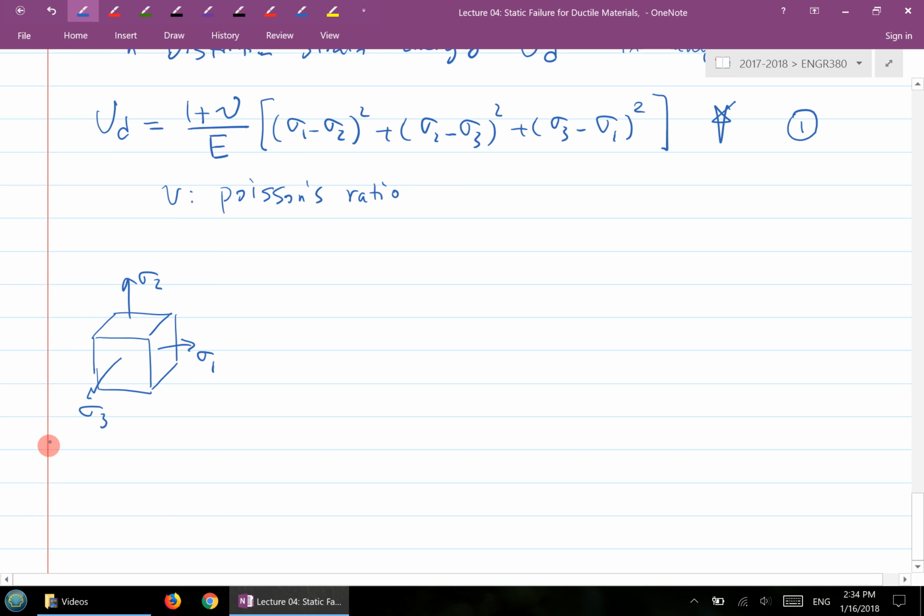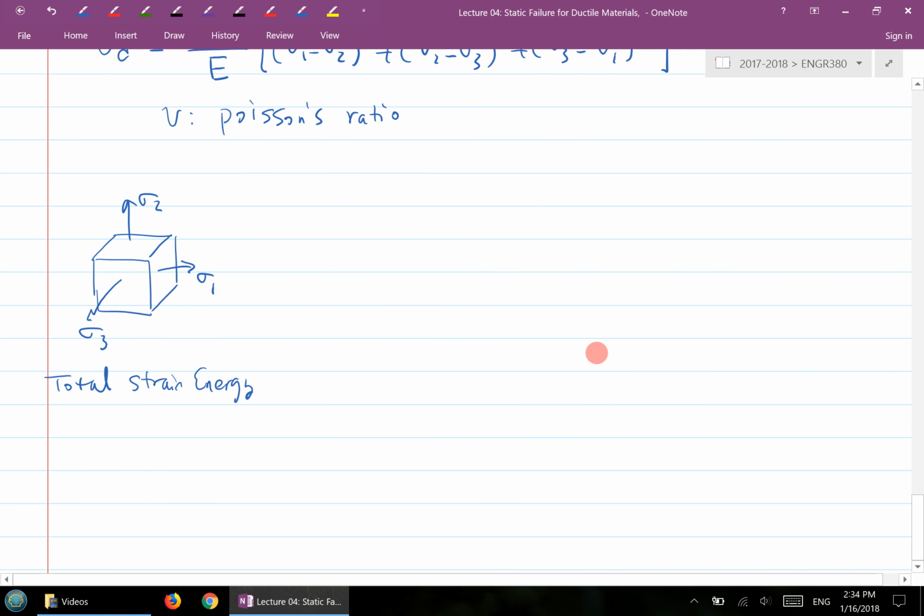Then for this one, we can derive the so-called total strain energy first. For any stress element, you can always derive a total strain energy first. And the total strain energy is equal to this: U equals 1/2 sigma 1 epsilon 1 plus 1/2 sigma 2 epsilon 2 plus 1/2 sigma 3 epsilon 3.